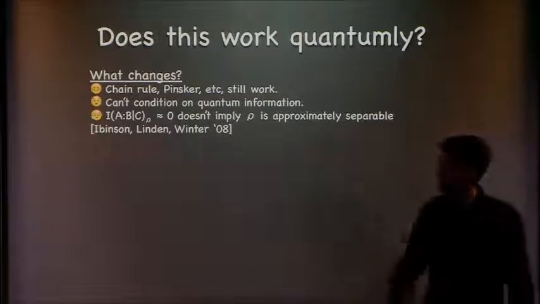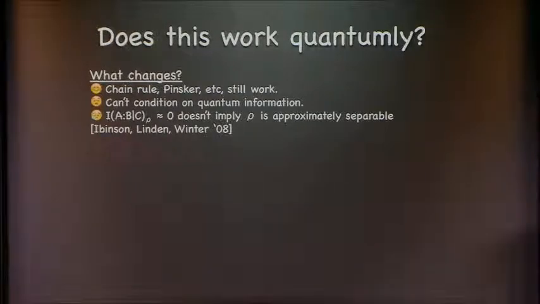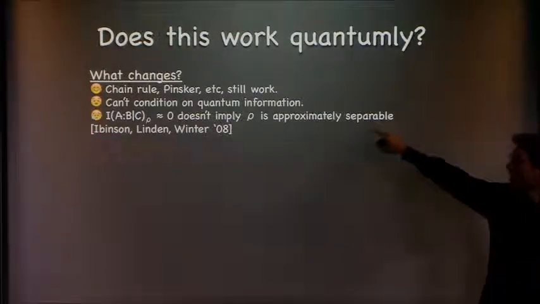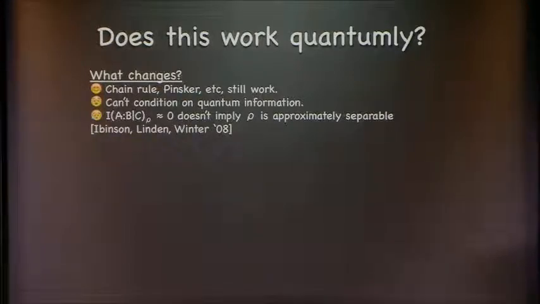Another new difficulty is that we want to argue that if you're conditioned on a third system, you have almost no mutual information, then you must be nearly product conditioned on those. And yet it does not. It turns out to not imply that your state is nearly separable. And here too, I believe that no one has defined separable states before.